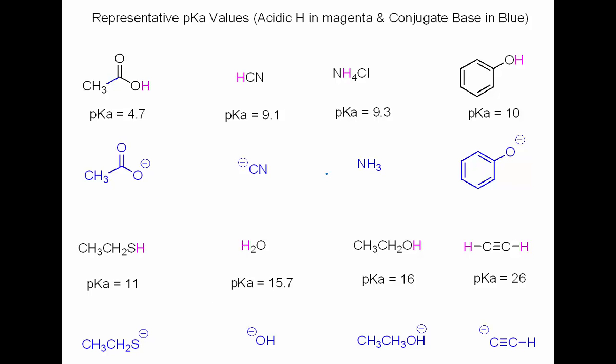Okay, so let's look at a few representative pKa values for some of the organic compounds we're going to be talking about in this course and the course that comes after this course. So this is the functional group carboxylic acid.